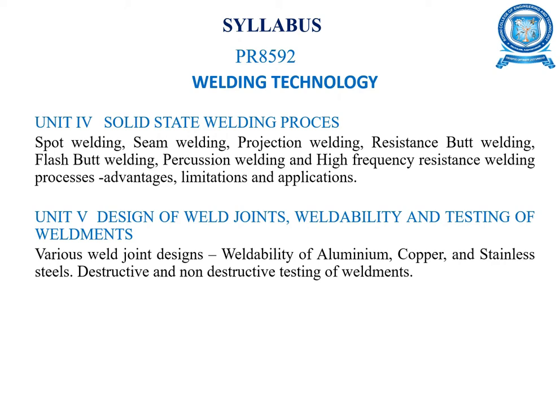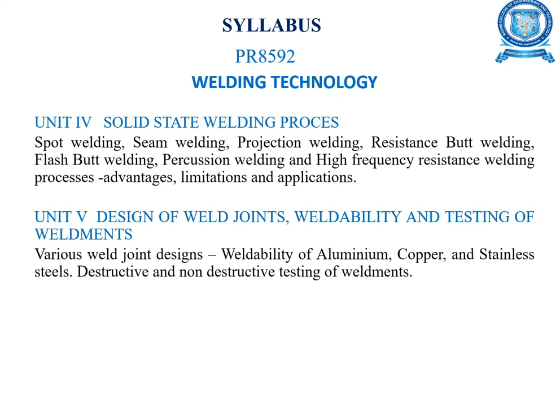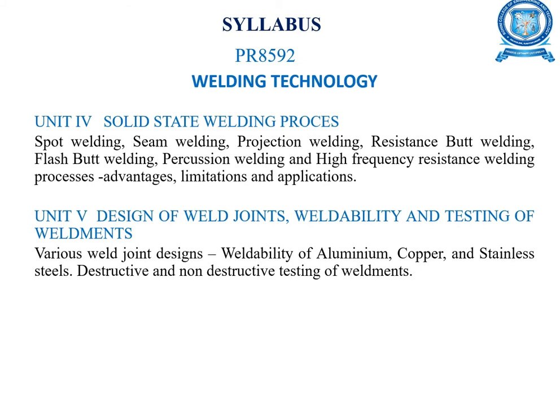And you'll be studying about the advantages, limitations, and applications of various solid state welding. In Unit 5, you'll be studying about the design of weld joints, weldability, and testing of weldments. So you'll be studying about the various weld joint designs, weldability of aluminum, copper, and stainless steels, destructive and non-destructive testing of weldments.